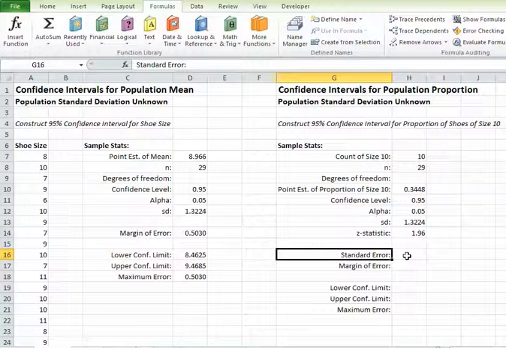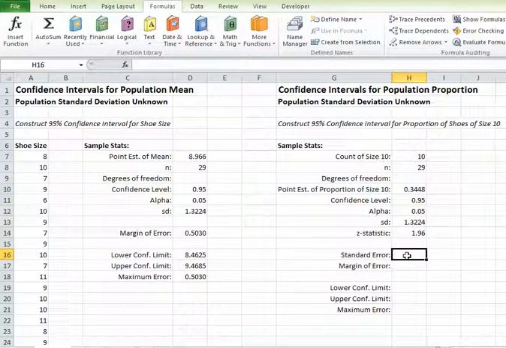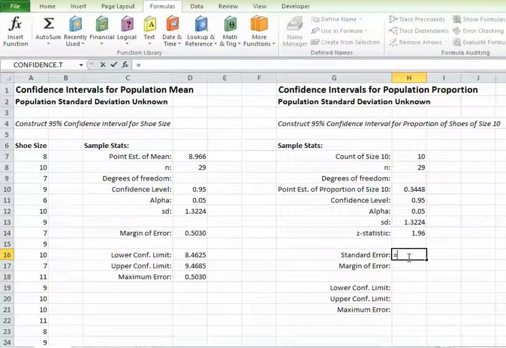Okay, so standard error is going to be, again, everything under the radical, so I'm going to use the square root function times my population proportion times 1 minus my population proportion divided by n, sample size.